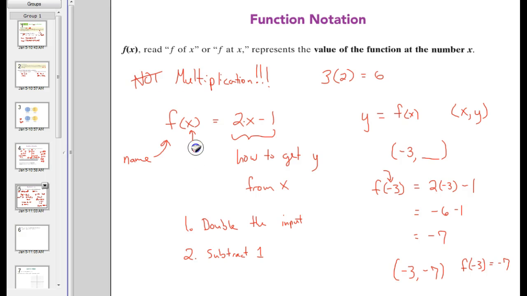So none of this stuff is essentially there at the beginning. You're just given f of x equals 2x minus 1, and you have to know that means to get y, do this. Okay, and it doesn't matter what the input is, this is still what we do.